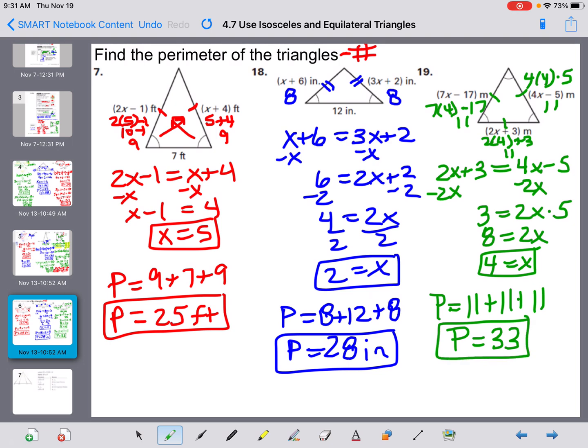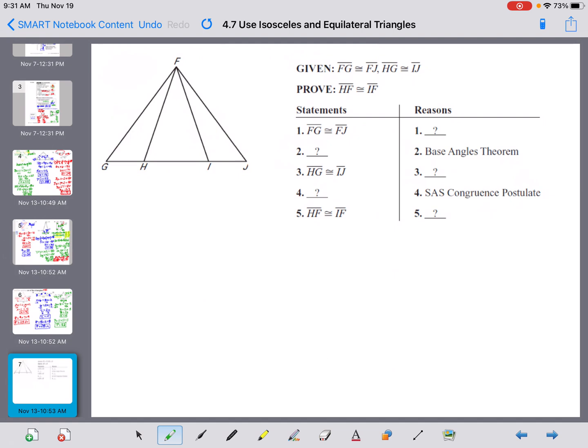All right, one more example. It's a proof. We gotta love the proofs, right? All right, here we go. Given FG is congruent to FJ, mark it in your picture. HG down here is congruent to IJ, mark it in your picture. We're trying to prove HF is congruent to IF. Interesting. What are we able to mark? Aha.